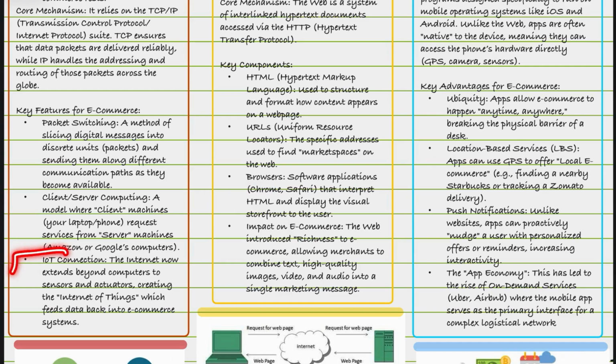Alright, then comes the IoT connection. So the internet now extends beyond computers to sensors by creating the Internet of Things, which feeds the data back into the e-commerce system. So this is where you are using all these things as a part of the infrastructure layer. Imagine you want to buy a pair of sneakers online. The data of the shoe listing doesn't travel as one giant heavy file.